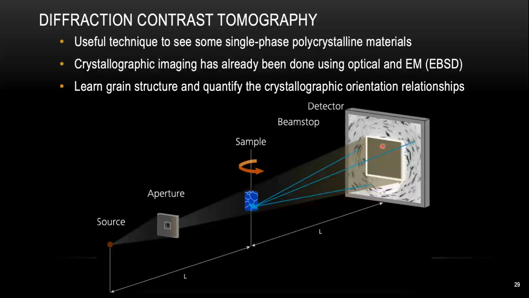And usually when we do DCT imaging, we use some kind of symmetrical geometry, which means your sample sits right in the middle between the X-ray source and the detector. That can help to improve the diffraction signal strength. So by using DCT, you can learn the grain structure and also quantify the crystallographic orientation relationship.